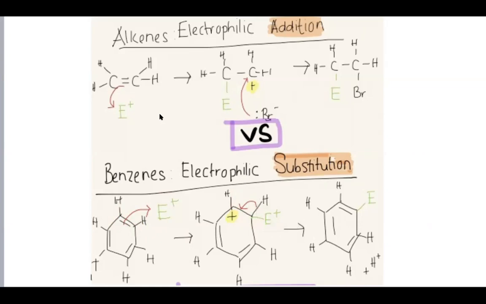Now same thing. Oh, you shouldn't have that E plus. You shouldn't have that plus sign anymore, because once it gains electrons, the electrophile becomes neutral. Okay, because the positive charge goes to the other carbon. So this carbon accepts the electrophile. This carbon is happy to have 1, 2, 3, 4 bonds. The other carbon only has 3 bonds.